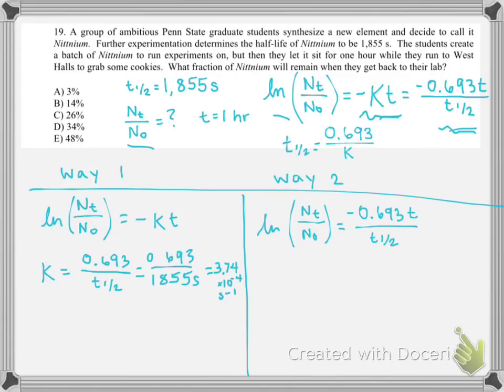Okay, so then we have an issue though, because we know that our time that elapses is an hour, and we have our K in seconds. So we're going to need to get this 1 hour time into seconds. So we have 1 hour, and in an hour we have 60 minutes.